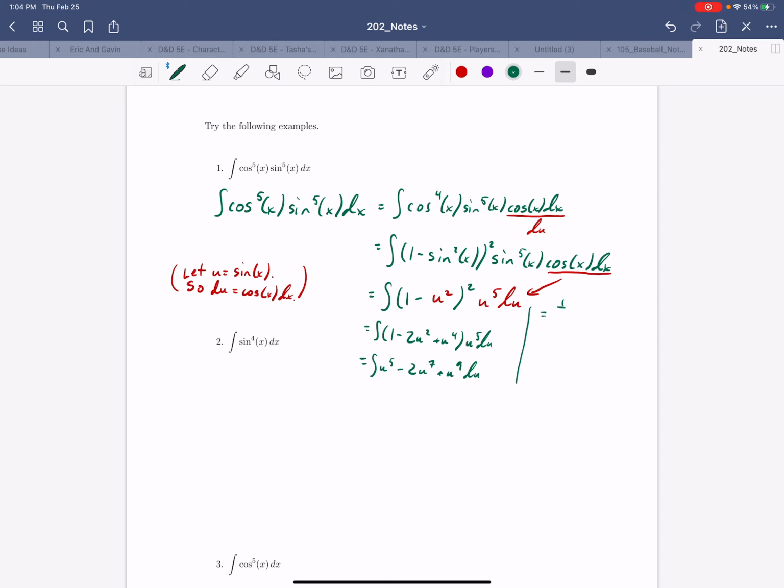We're going to get 1/6 u to the sixth minus 2/7 u to the seventh plus 1/10 u to the 10th plus c.